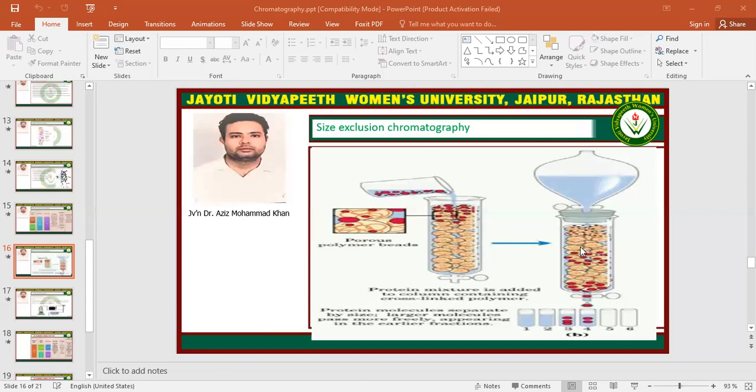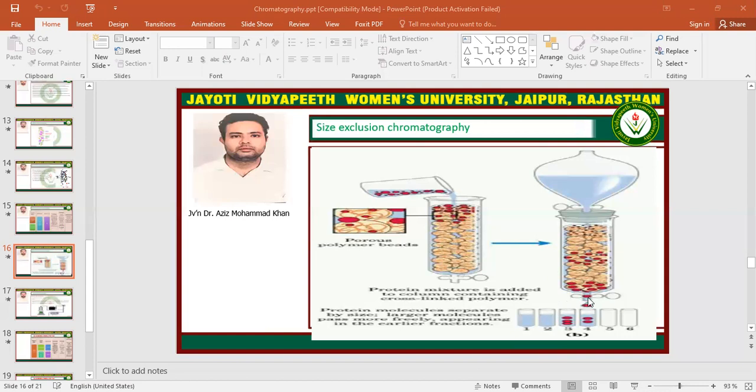At the time of the separation, we are observing that the tube number one was collected and there was no color, and in tube number two we are observing that there is no color.